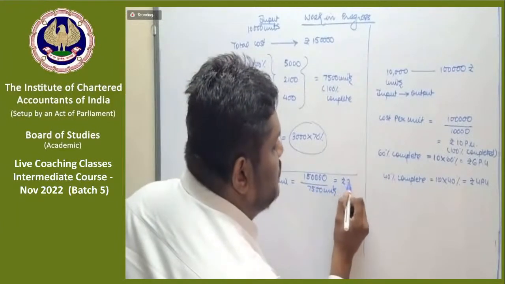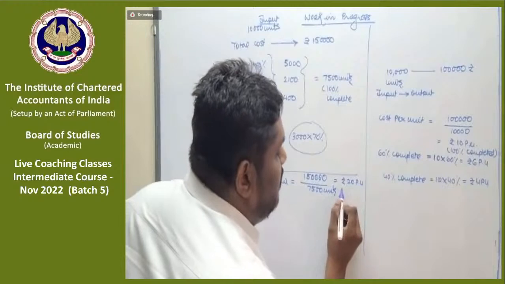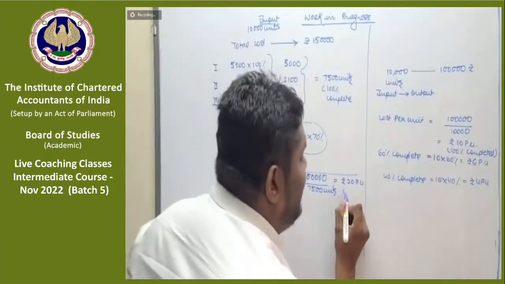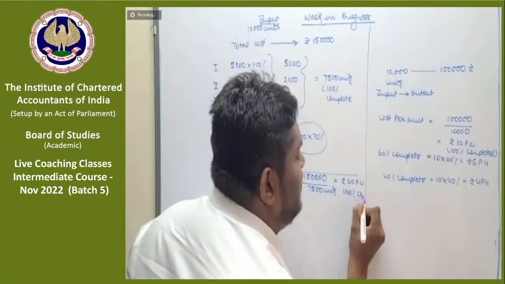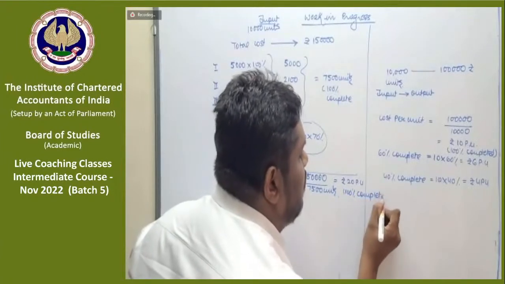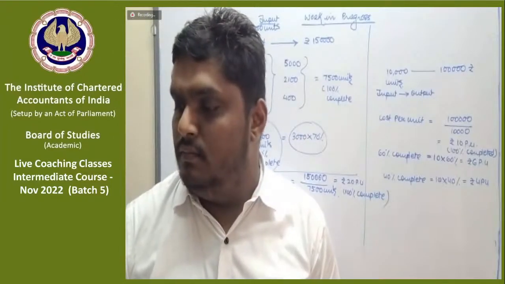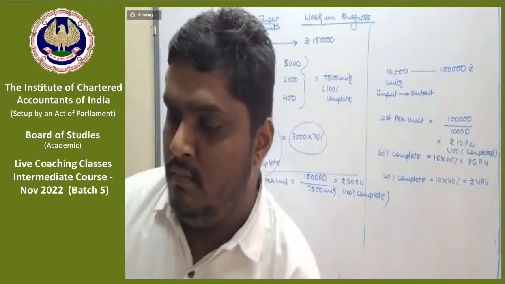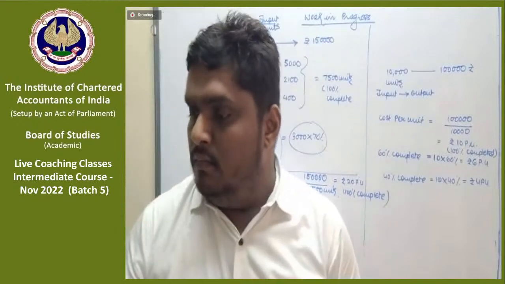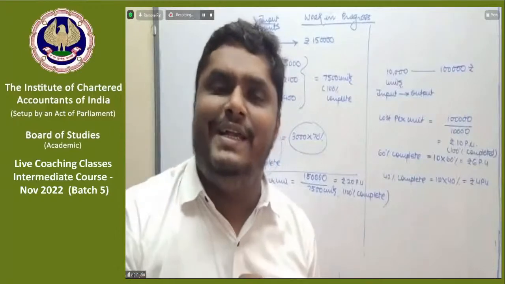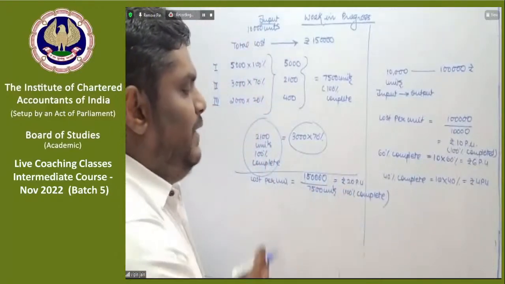That is rupees 20 per unit. This cost rupees 20 per unit is the cost of units that are 100% complete. So now we have got the cost of the units that are 100% complete, that is rupees 20 per unit.